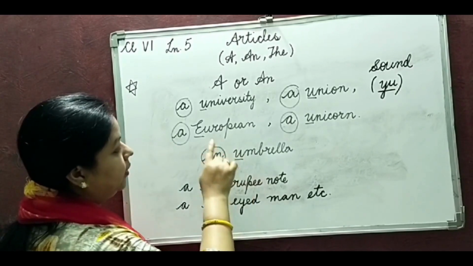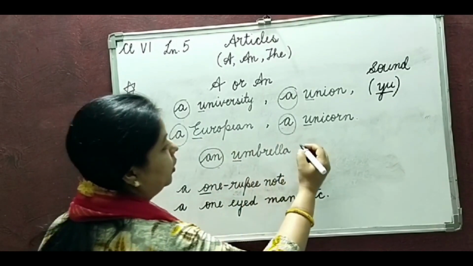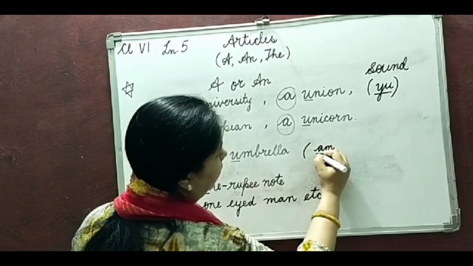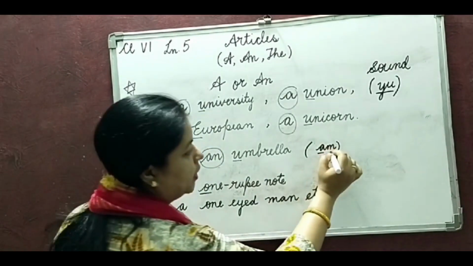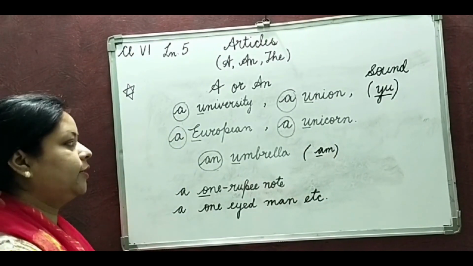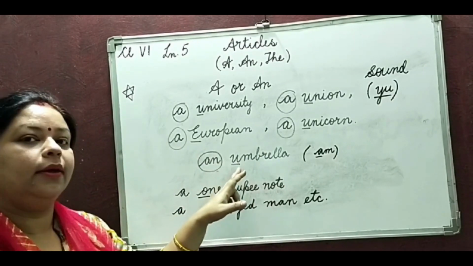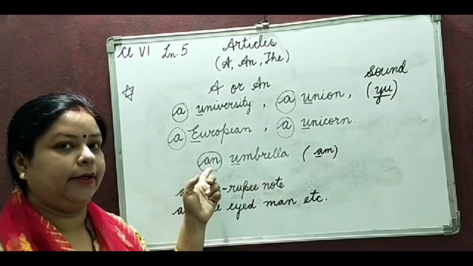Please pay attention that while pronouncing umbrella, the sound that comes is the A sound. So if you focus, what is the sound coming? A. And that's why we use the article an here.